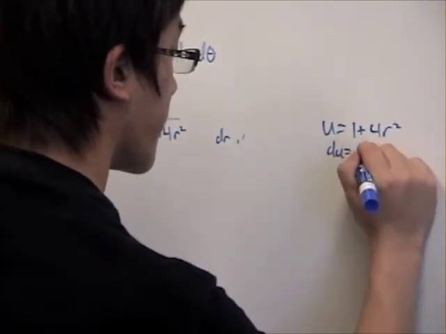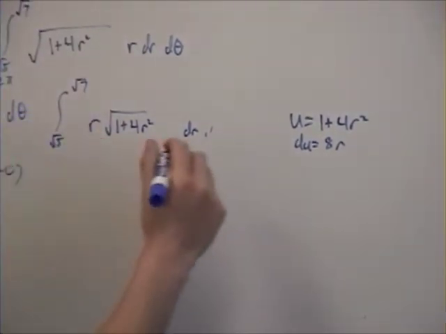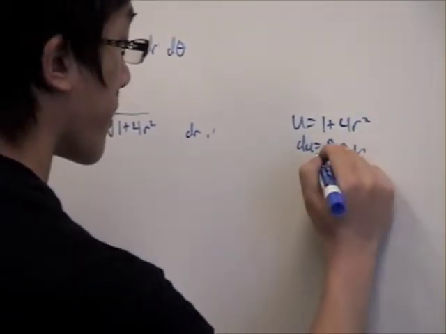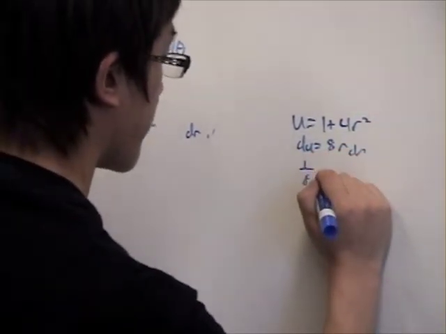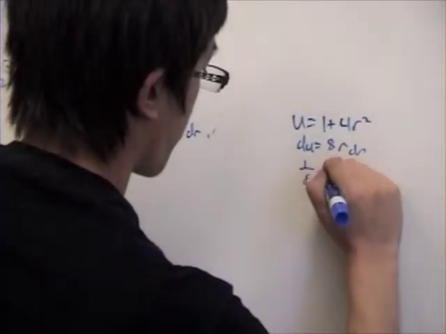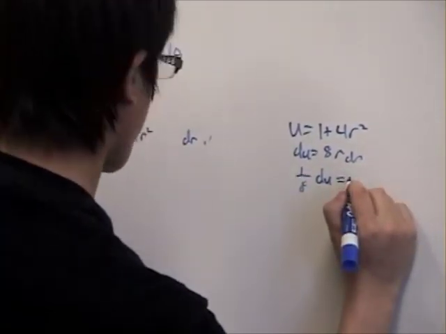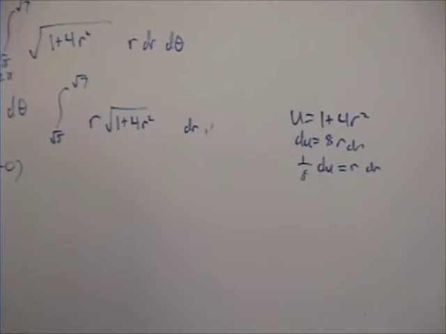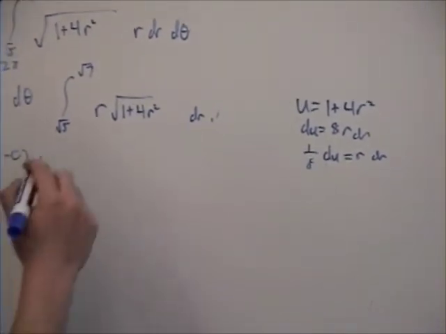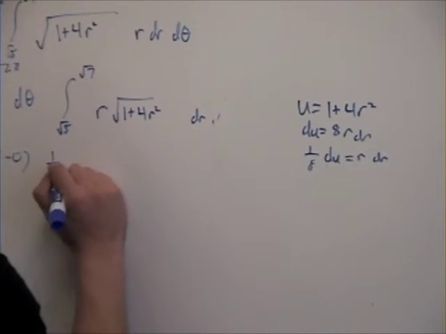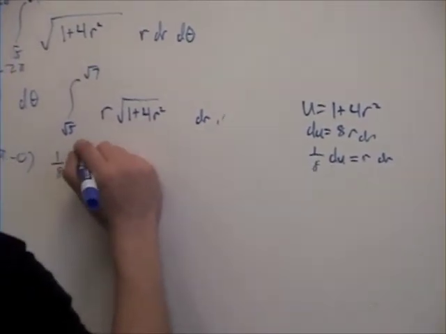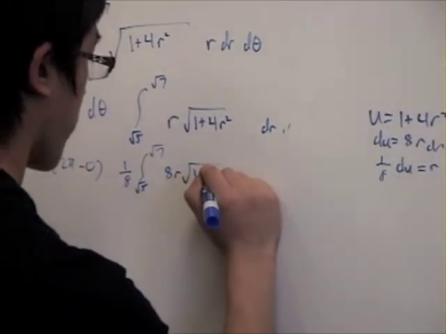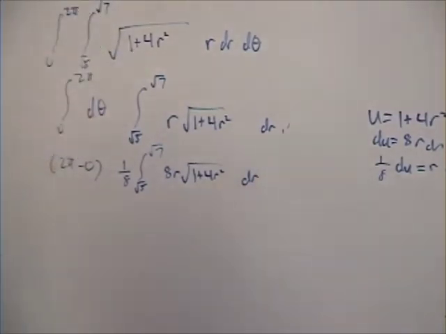Our du would be 8r dr. We don't have the 8 here, so 1/8 du would equal r dr. I will skip converting all the limits to u, but what it'll basically look like is 1/8 times the integral from root 5 to root 7 of 8r times the square root of 1 plus 4r squared, dr.